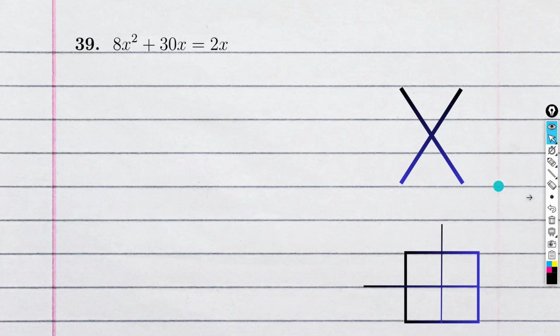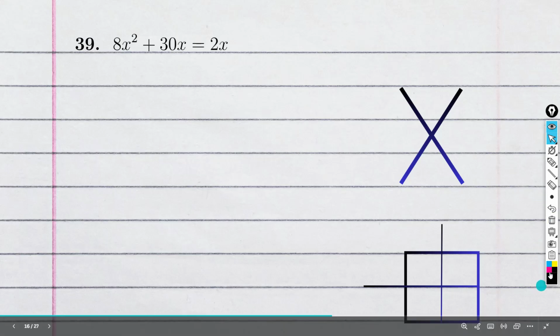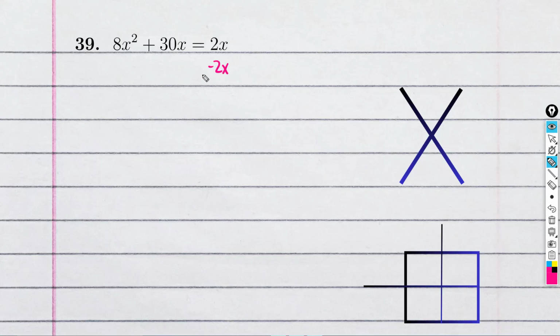Let's do this next one. This time I have a little bit of an extra step I need to do. I need to move the negative 2x to join the 30. And so I have 8x squared plus 28x is equal to 0.